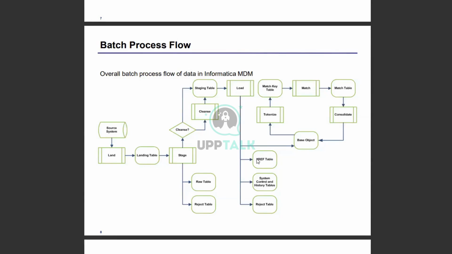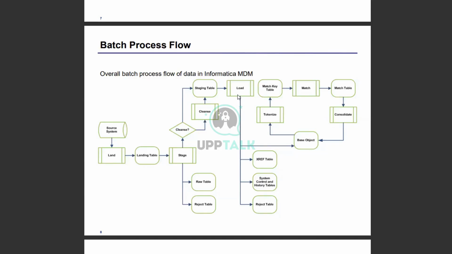I'll give you more in-depth knowledge about X-ref because there are four different tables which are extremely useful and necessary, as they contain the data according to lineage, candidate or source records, those kinds of information. Then the load process also sends the data into history and all other tables like the P, C, T table, the match table and so on.